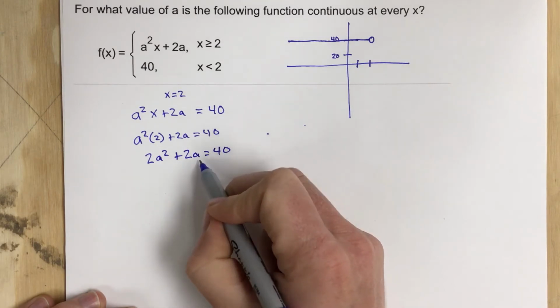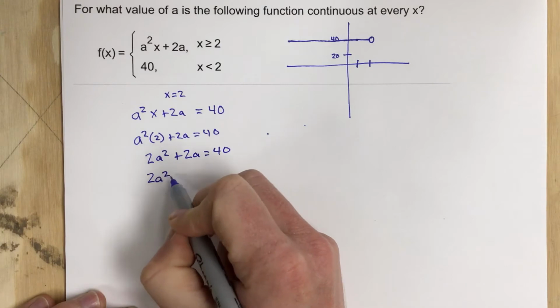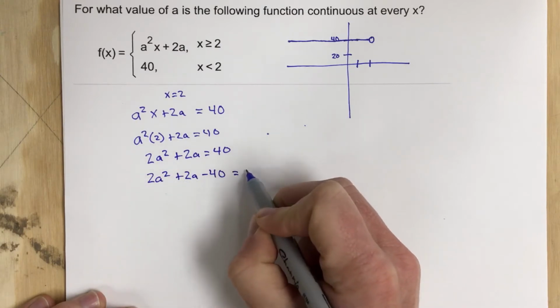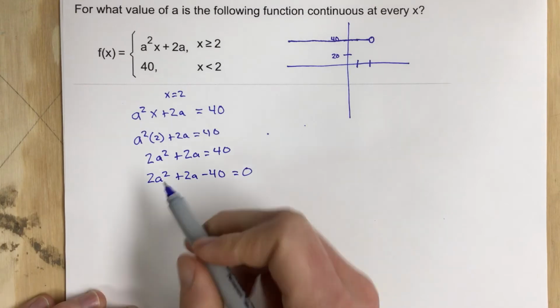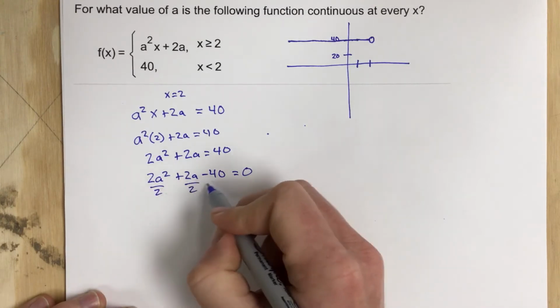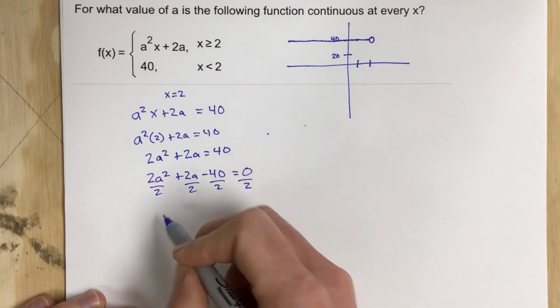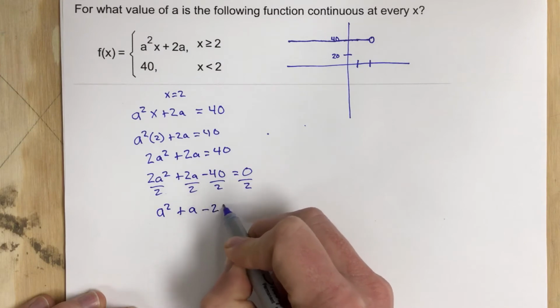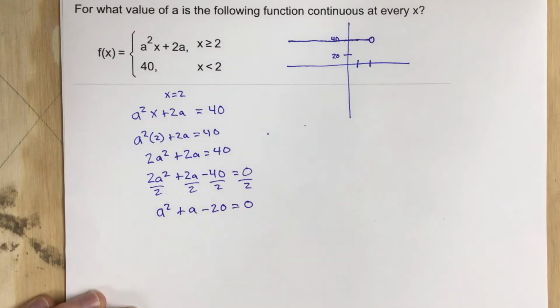So I'm going to subtract the 40 over and get 2a squared plus 2a minus 40 equal 0. I'm going to divide each piece by 2 just to simplify it a little bit, and we get a squared plus a minus 20 equals 0.